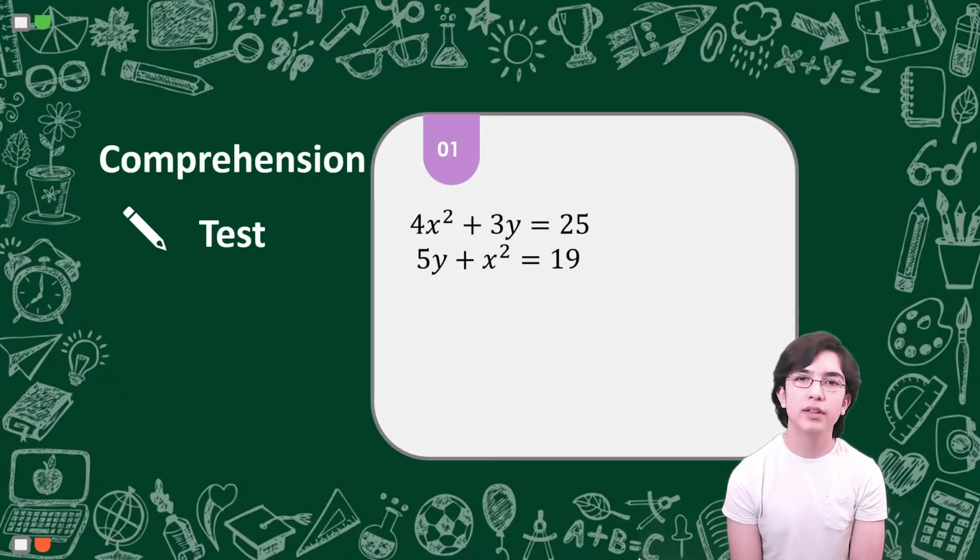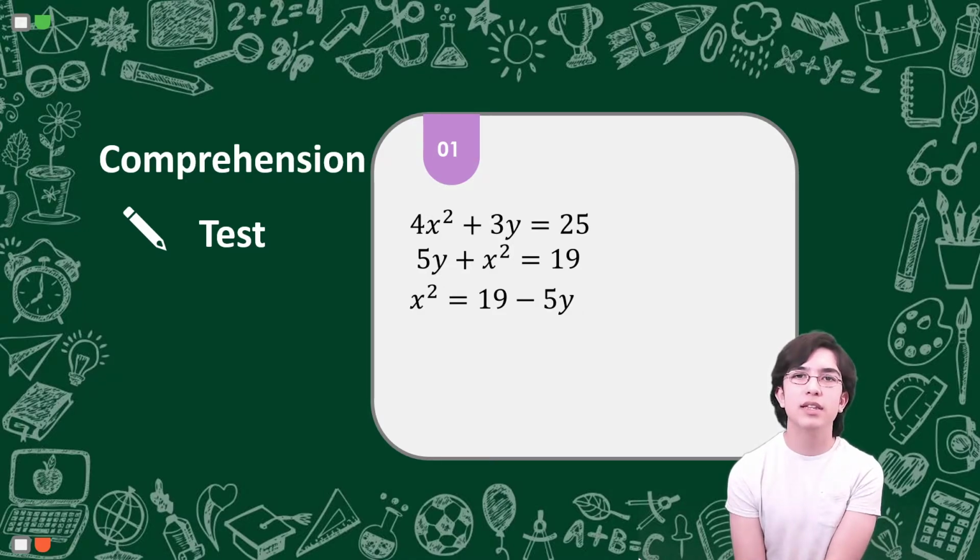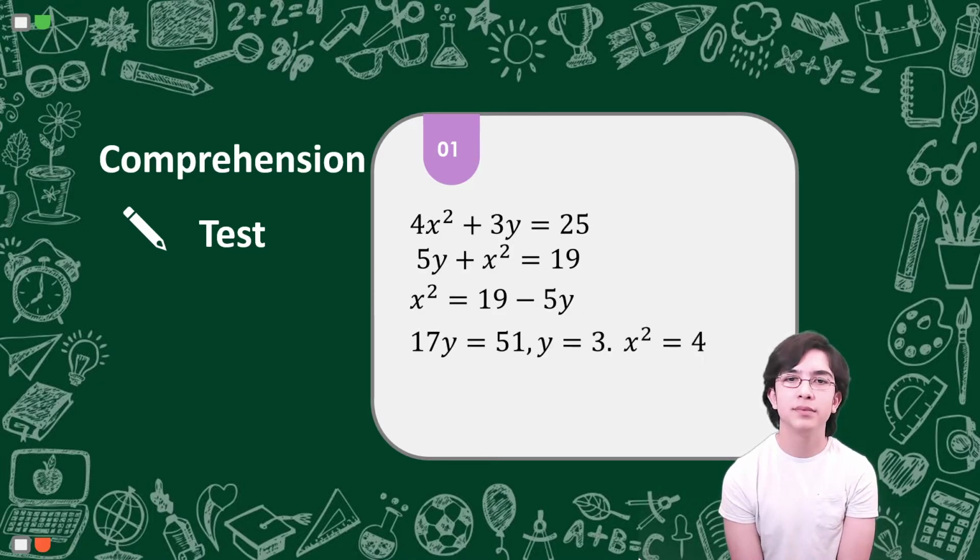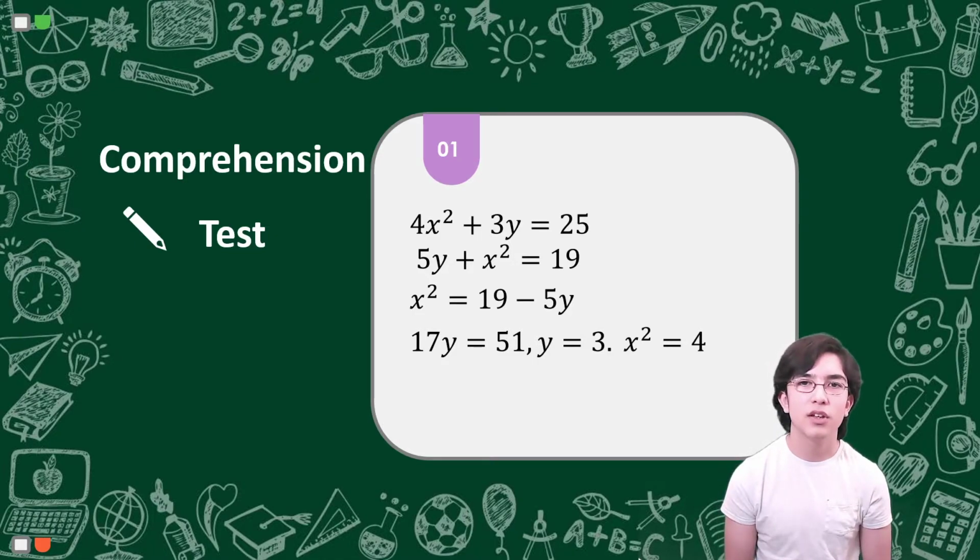So we can use substitution. x squared equals 19 minus 5y, and therefore 17y equals 51. That's what you get when you substitute the equation into the first equation, then simplify it.